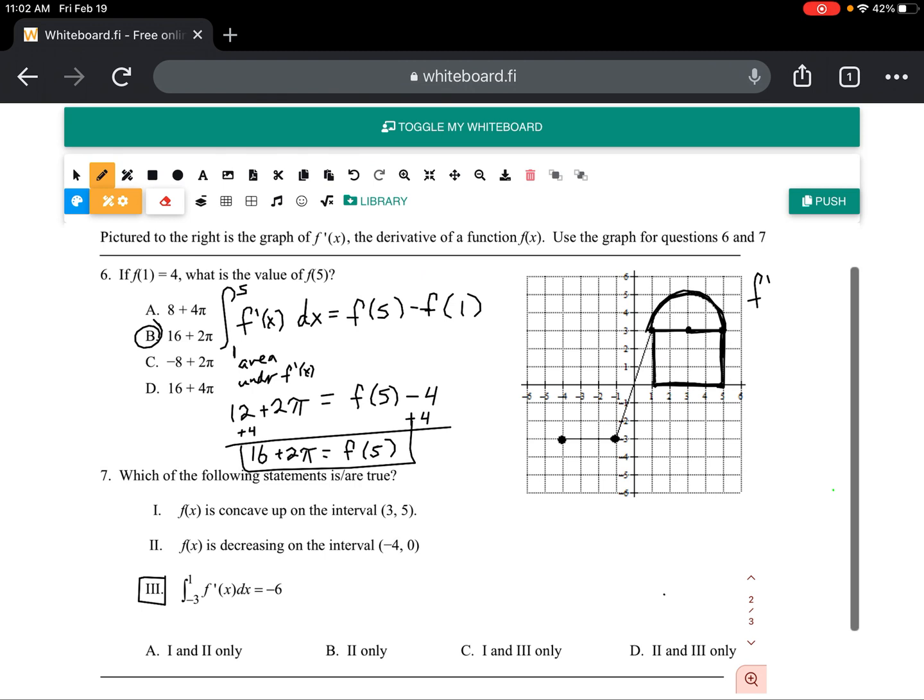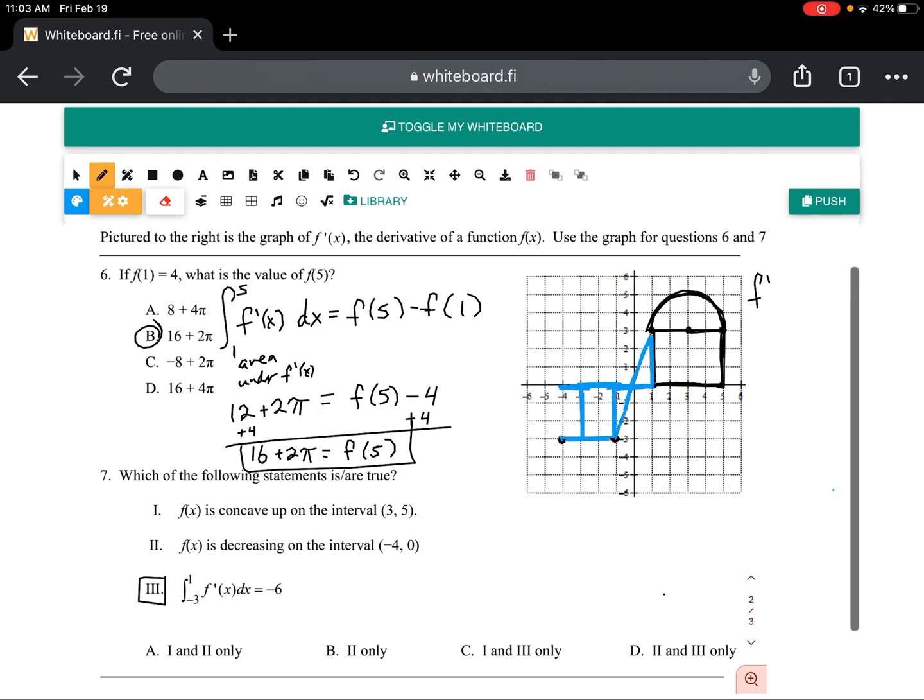I'll do this in blue. So here is f prime. We're going from -3 to +1. -3 is here. +1 is here.